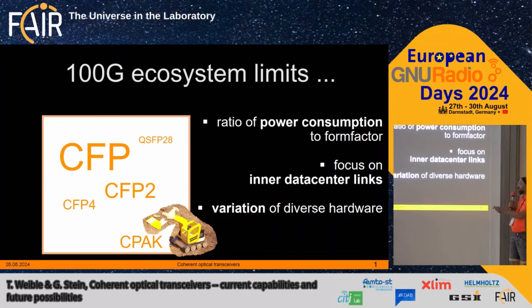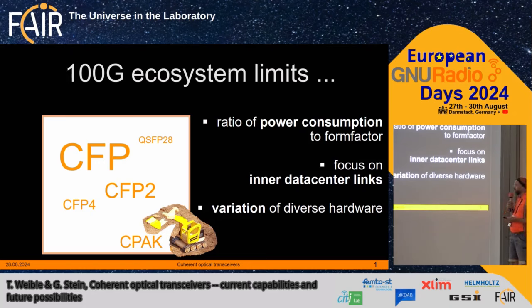Those acronyms, CFP and CFP2, are form factors used to enable the pluggable transceivers. The CFP was a great design in that we were able to put a lot of components in that pluggable module, but it had a huge drawback. It took a lot of power, and in terms of size it was really big.